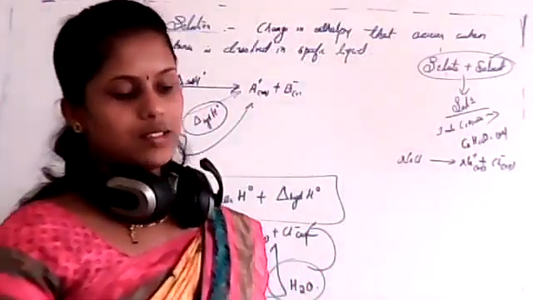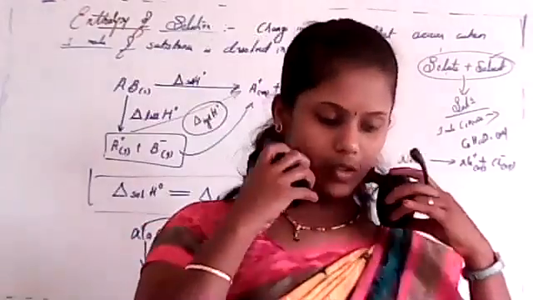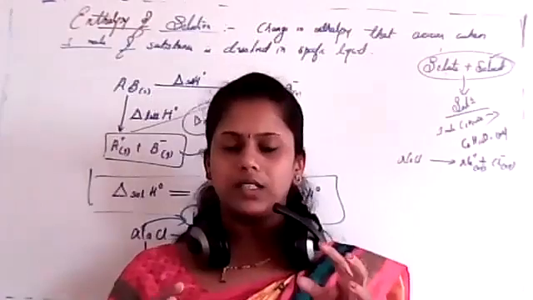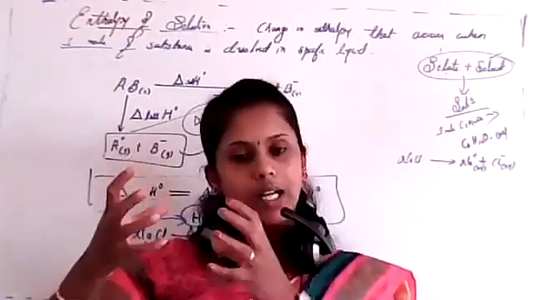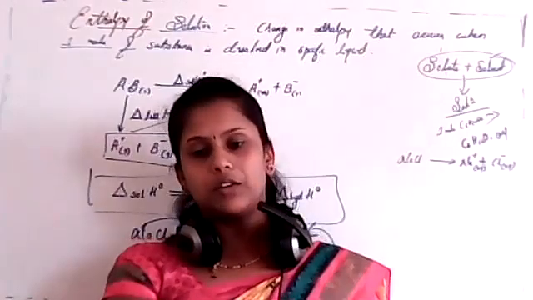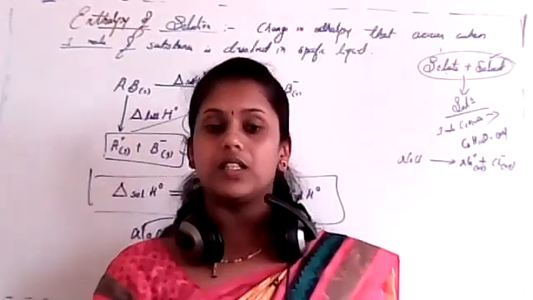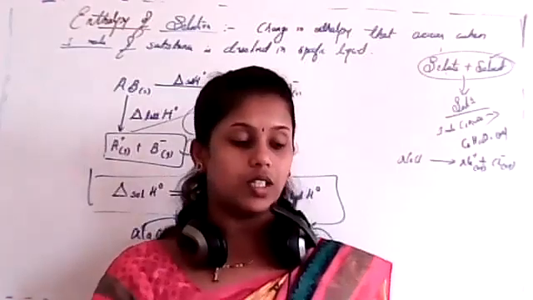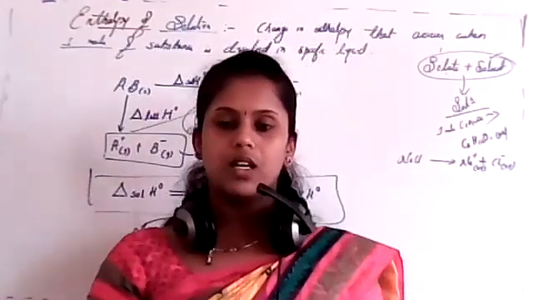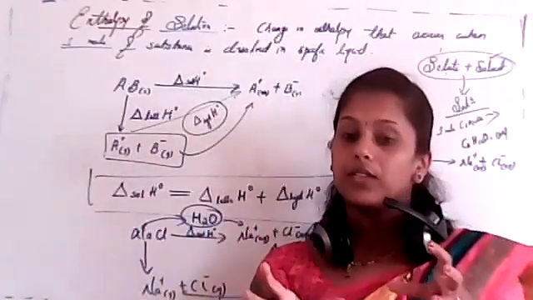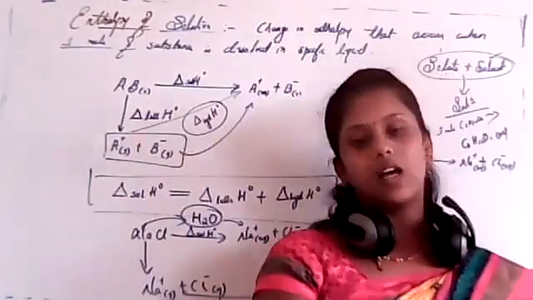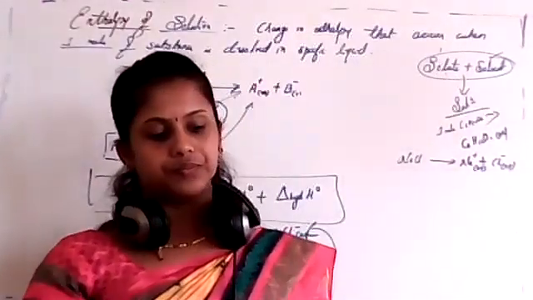So the next one is about enthalpy of transition. I already discussed that transition is a process where one allotropic form is converted into another allotropic form. Now tell me the definition or statement for enthalpy of transition.